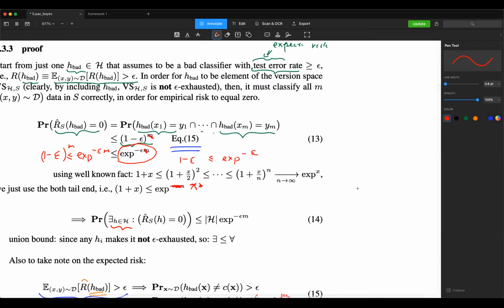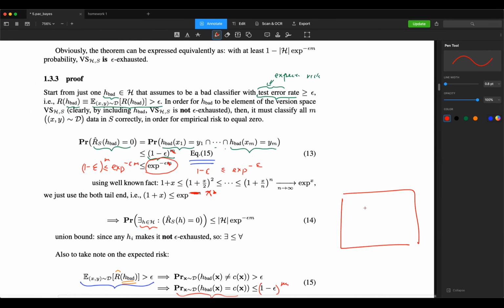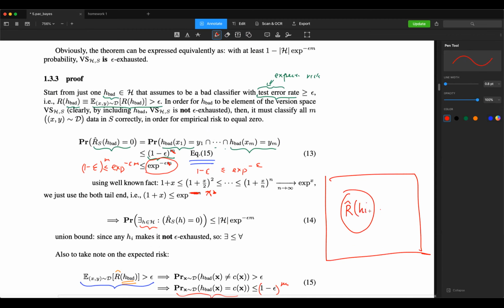So what I'm trying to say is that this is the probability of having the first hypothesis, sorry, let me draw it properly. So this will be the probability of hypothesis 1 to have 0, okay?